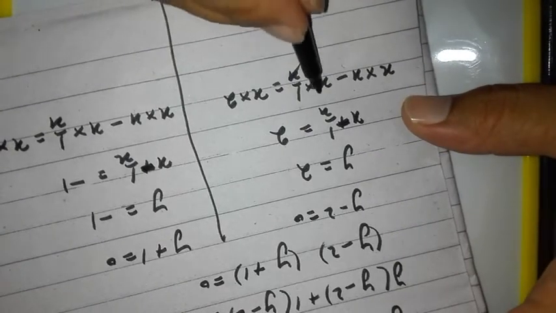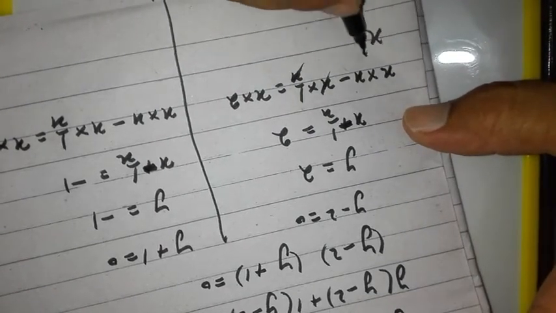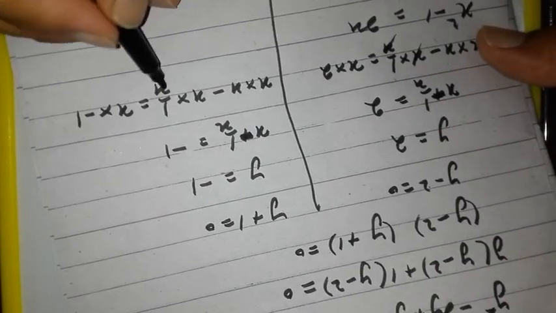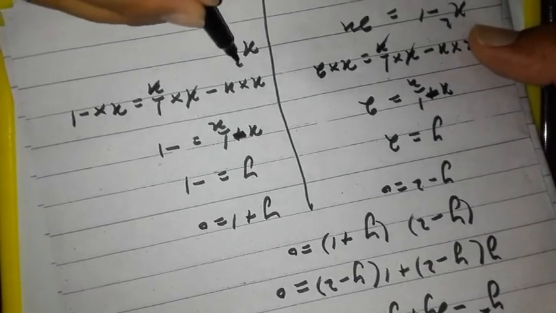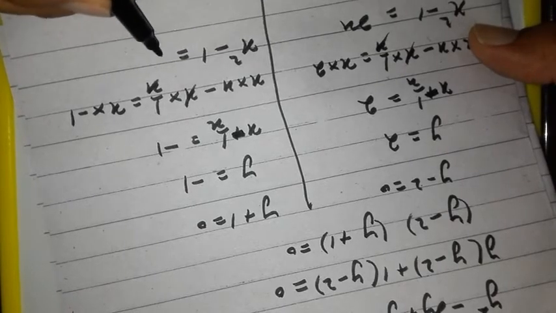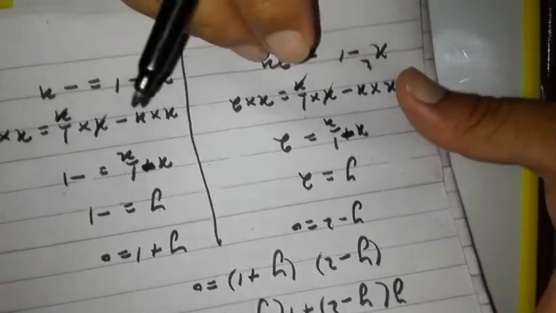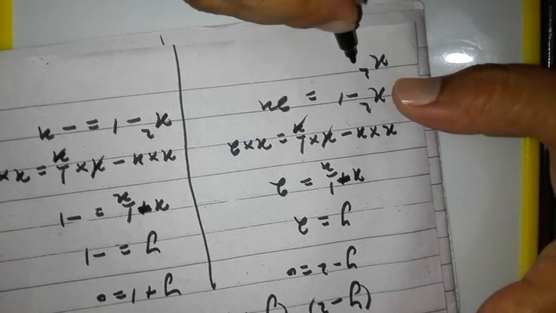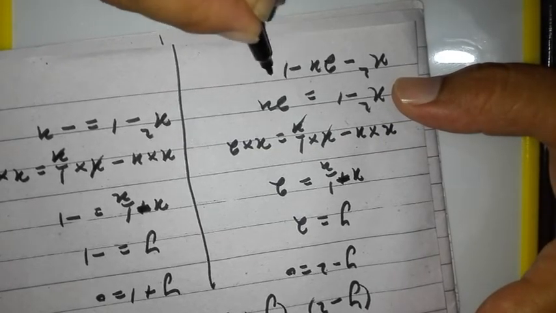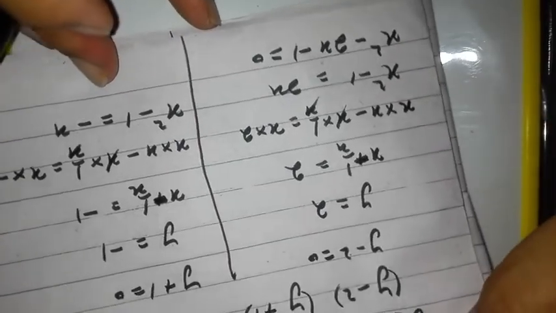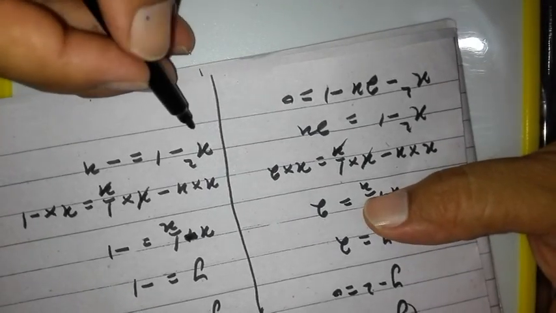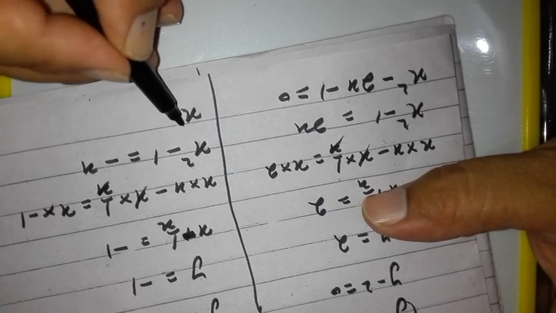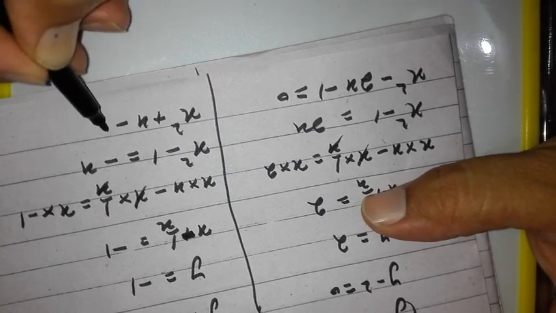So here this x cancels with this, we get x square minus 1 equals to 2x, and here this x cancels with this, we get x square minus 1 equals to minus x. Now shift this 2x to the left side, we get x square minus 2x minus 1 equals to 0, and here also shift this x to the left side, so it will become x square plus x minus 1.